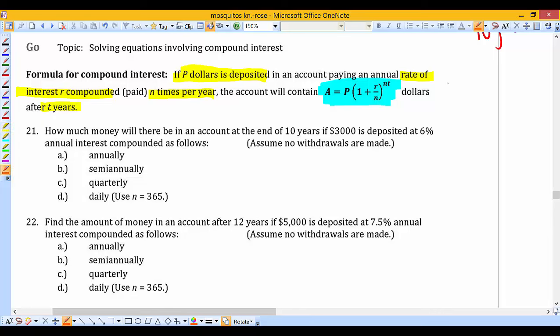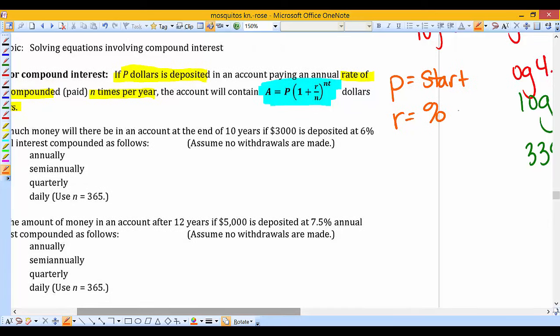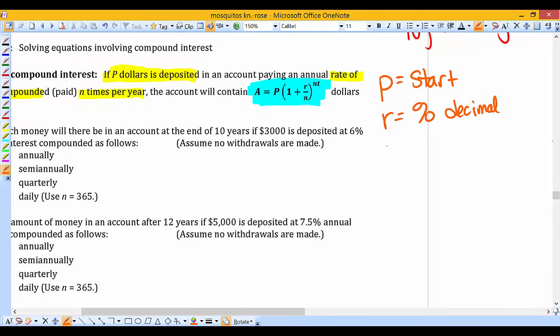So I'm going to make a list of this. P is my start. R is my percentage rate, but I want this in a decimal. And then N is the number of times per year that your interest is being applied.